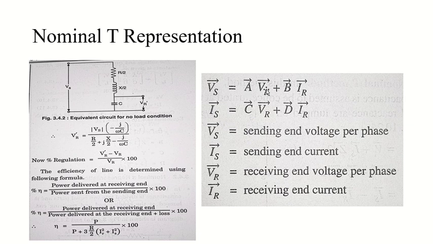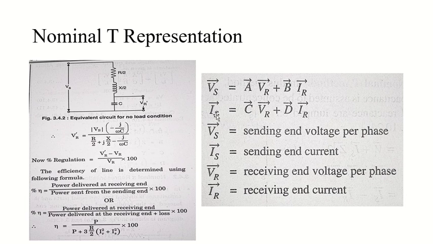Vs is equal to A into VR plus B into IR, and Is is equal to C into VR plus D into IR. So in the formula of Vs, we try to develop a formula in which we have a term VR and a term IR, separated with an addition sign, and there are some multiples with them, which are the ABCD parameters.